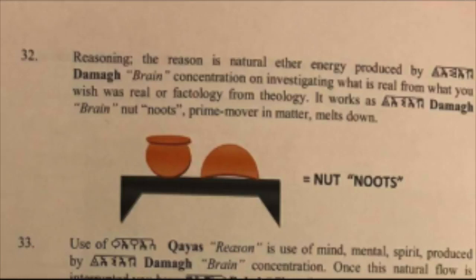It melts down. Then they have a picture with the bowl and stuff and have noot equals newts. And let's talk about mind, but again, we know that they plagiarized and they're just guessing at the unknown, because they're using noot as it's spelled. As far as Egypt is concerned, we know that Noot is a goddess.